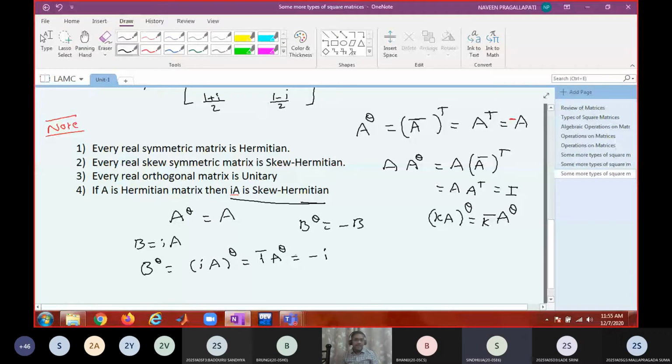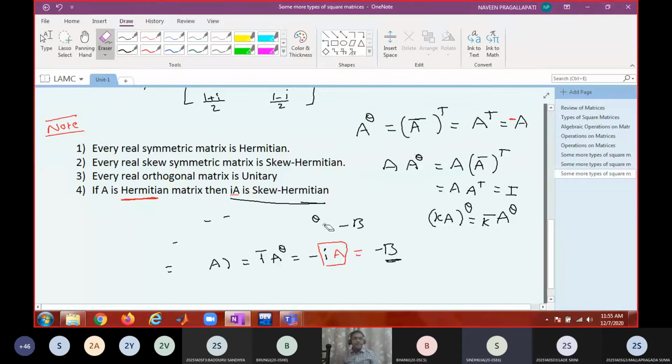What is A^θ? What kind of matrix am I considering? Hermitian. For Hermitian, what is A^θ? A. So what is minus iA actually? I am considering iA as B, so you are getting minus B. So B^θ equal to minus B means what is B called? Skew Hermitian. B is nothing but iA. Therefore, if A is Hermitian, iA will be skew Hermitian.